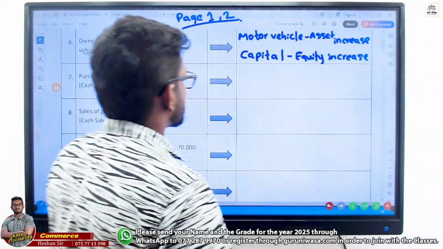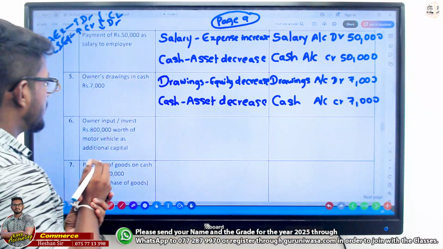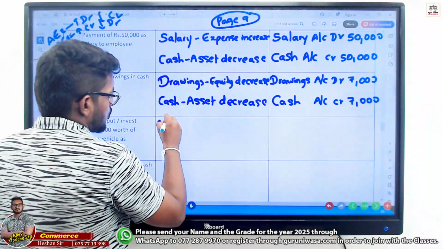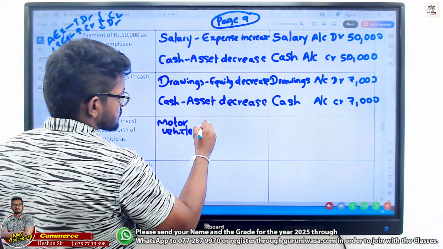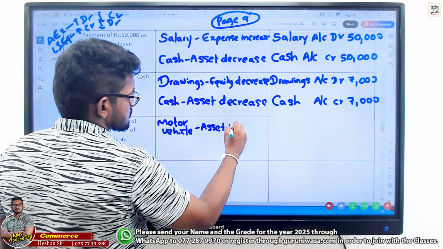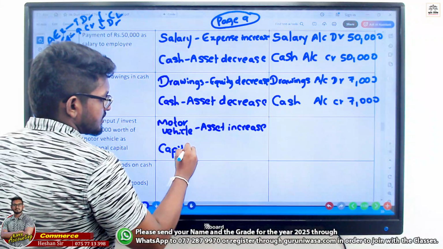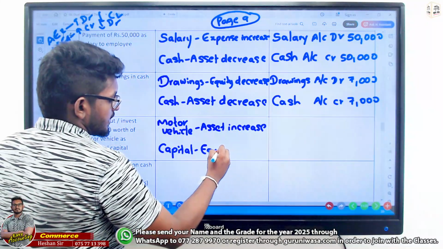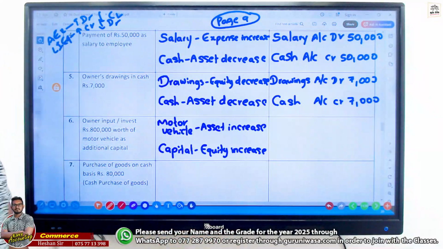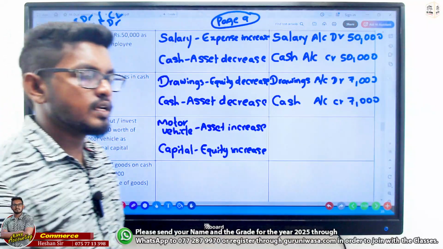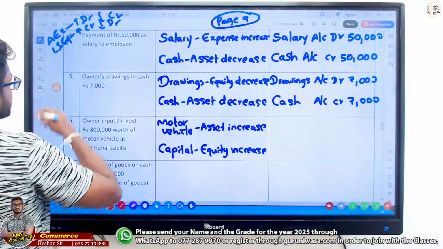Right? Let's go to the page number 9 chart. The same thing, write the dual impact. Owner invests motor vehicle. You know, motor vehicle asset increase. Capital equity increase. The same thing. So when an asset increases, it's debit.